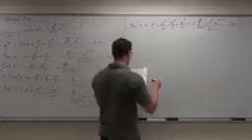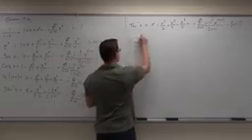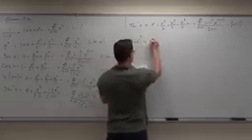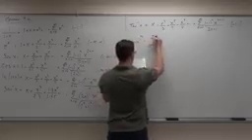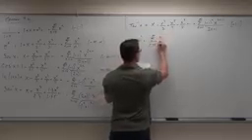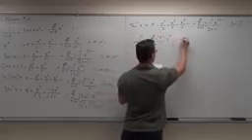Okay, last one, we just did it. If you have 1 plus x to the k, this thing is equal to the series, we just showed it, n equals 0 to infinity, binomial coefficients times x to the n, and it converges on -1 to 1.